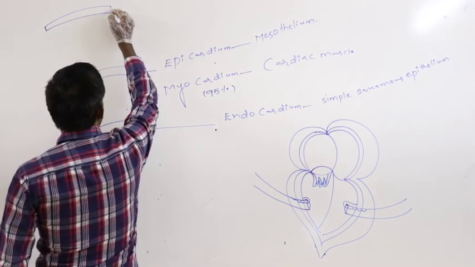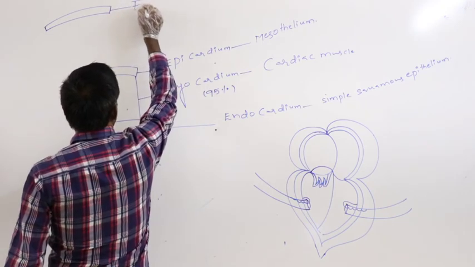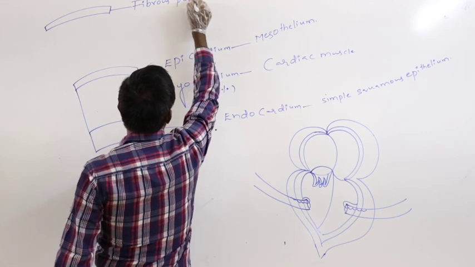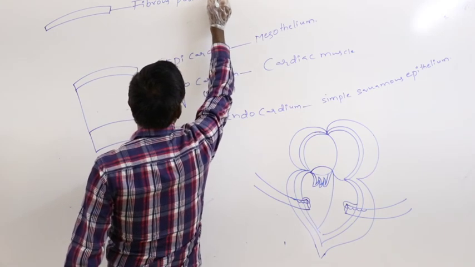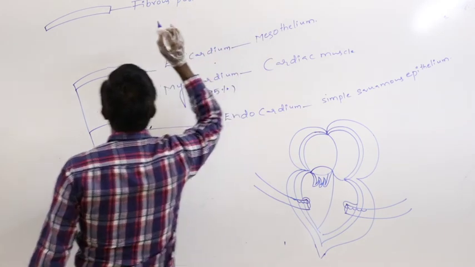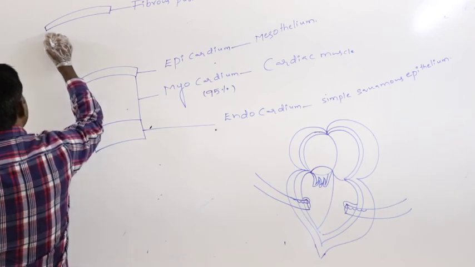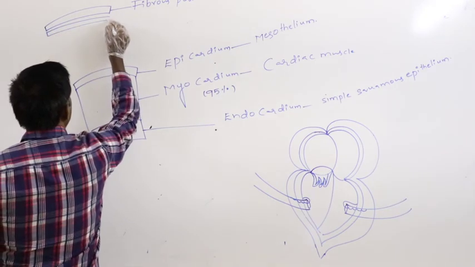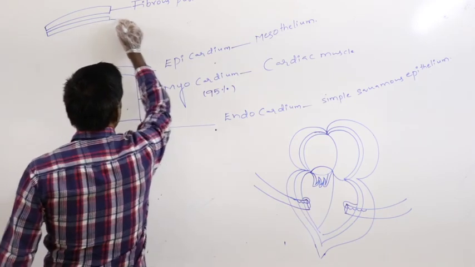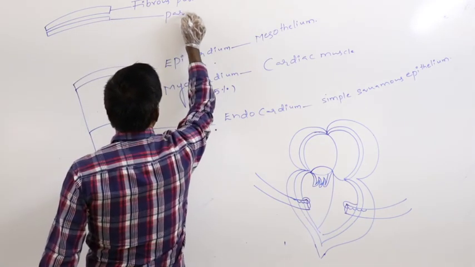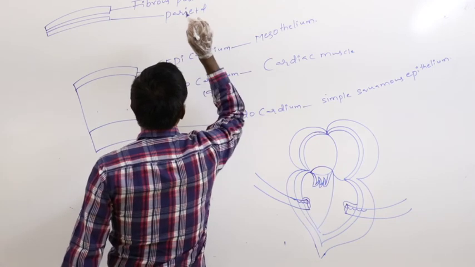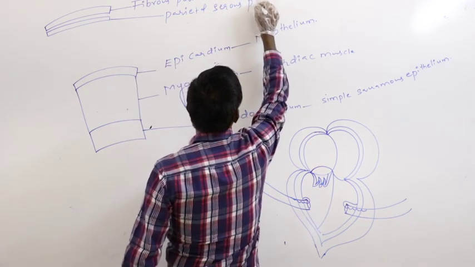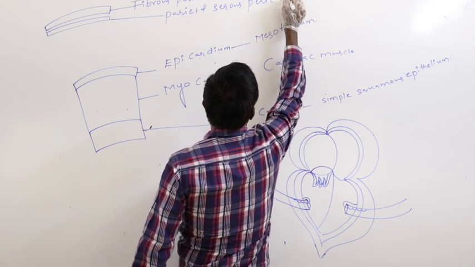Again, above the heart, the protective membrane which is present is the pericardium. This is the fibrous pericardium. This is the parietal serous pericardium.